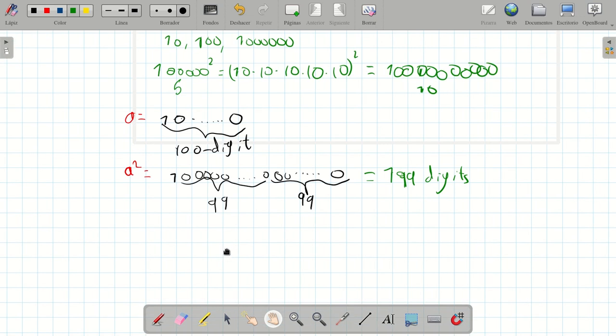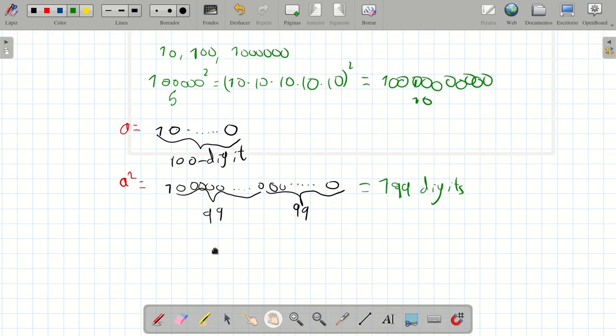And then what's the next step? What can happen with our number? So the question now is: should 199 be the answer?